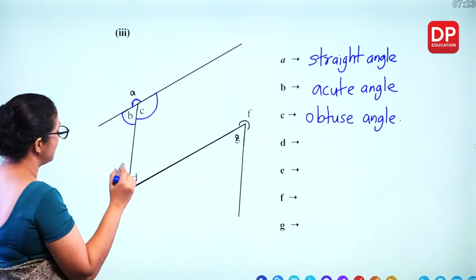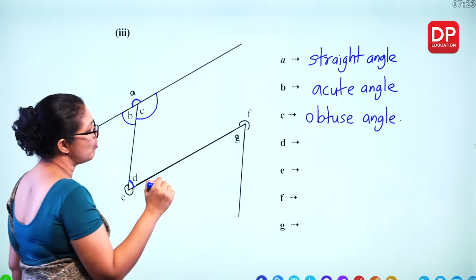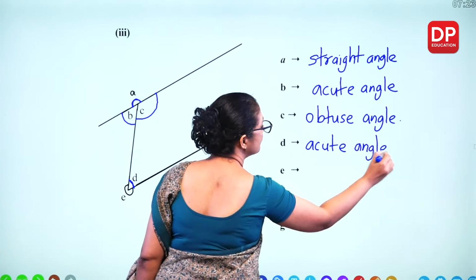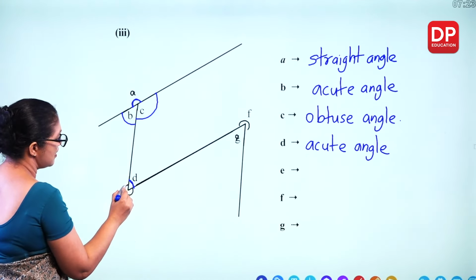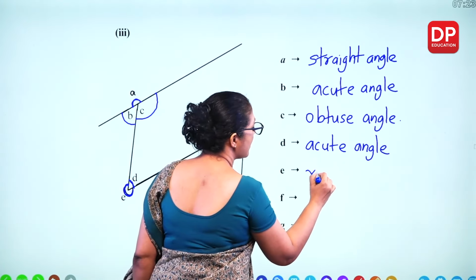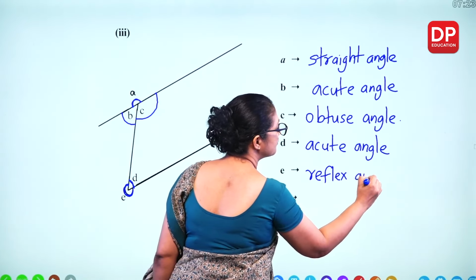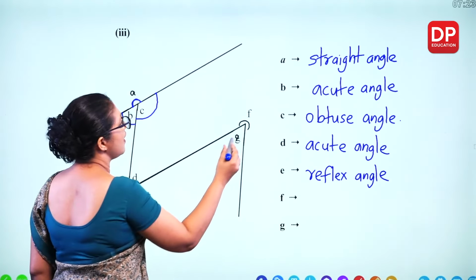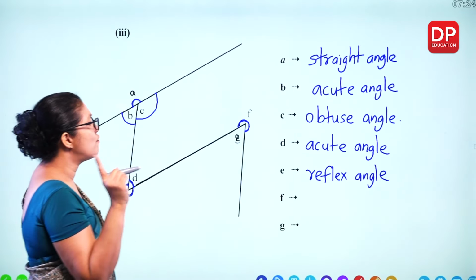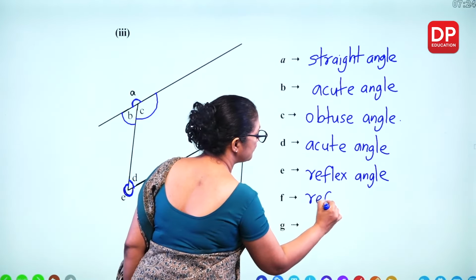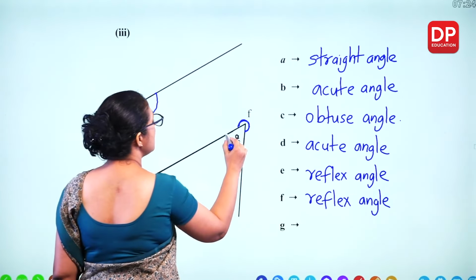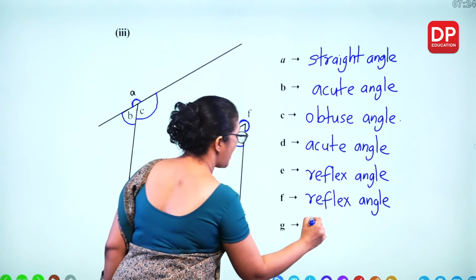D, that's a small one, acute angle. E, that's more than two right angles, that's a reflex angle. F, here, this one. That's also more than two right angles and less than a full circle. Reflex angle. And G is a small angle, that's acute.